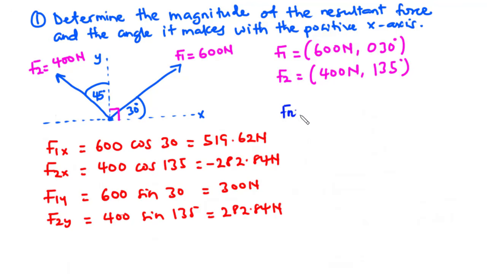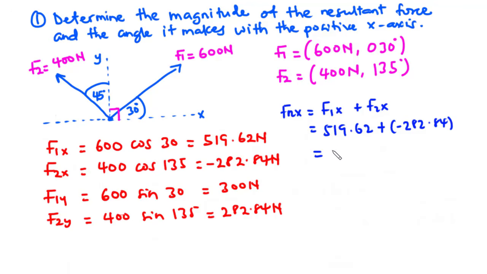Now let's find Frx and then Fry. Frx is equal to F1x plus F2x. F1x is 519.62, and F2x is negative 282.84. So Frx is equal to 236.78 newtons. Now let's find Fry.